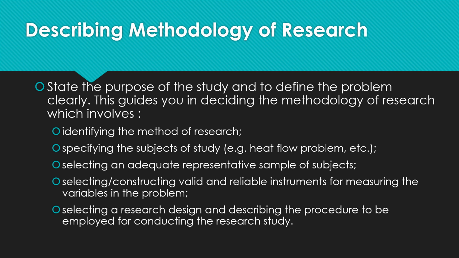Select an adequate representative sample of subjects, and then select a valid and reliable instrument for measuring the variables in the problem, and then select the research design and describe the procedure to be employed for conducting the research study. So these are the steps that you need to do in order to define the problem and to decide the research methodology involved in your research.